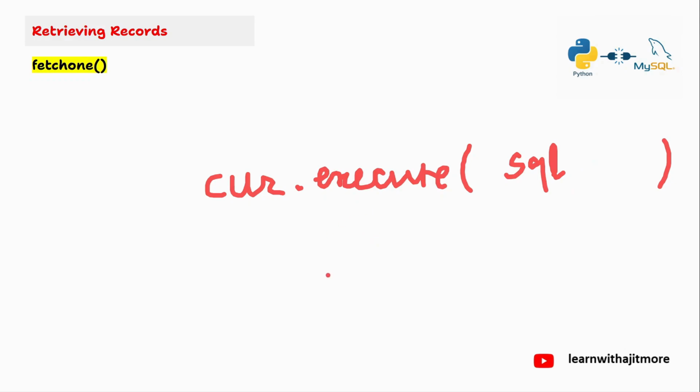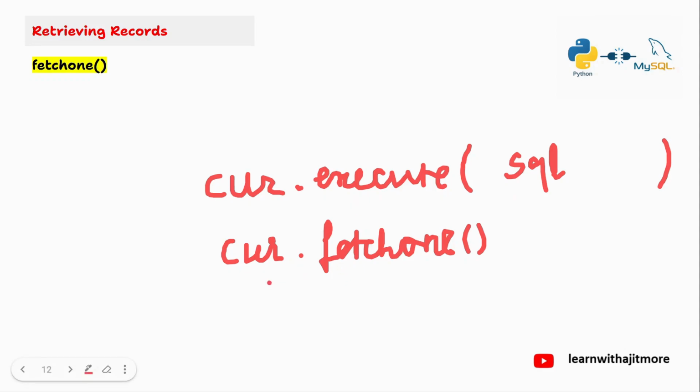Now, the only thing is we have to fetch it. So how will you fetch it? By fetch one. So you will write cur dot fetch one. It will fetch only one record from the result of that select query, the first one.